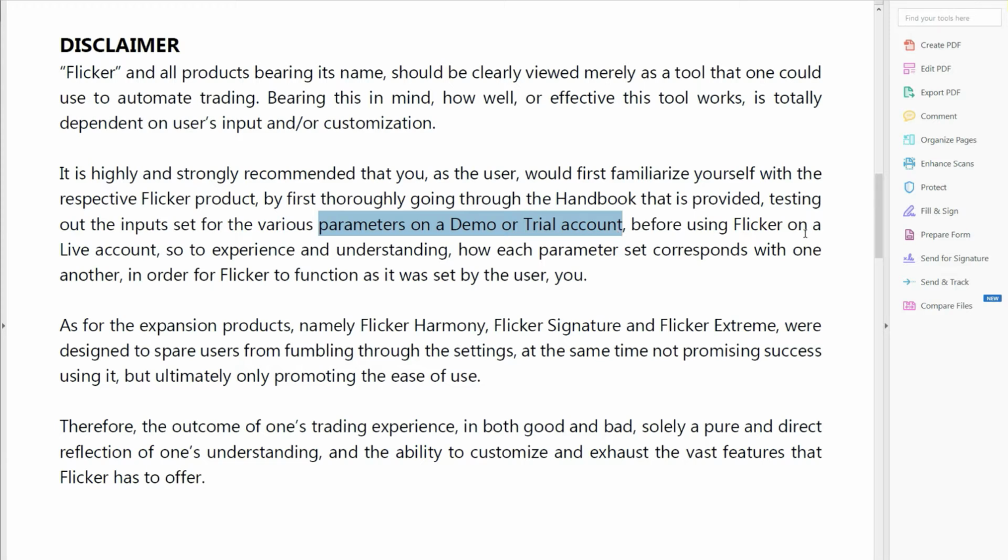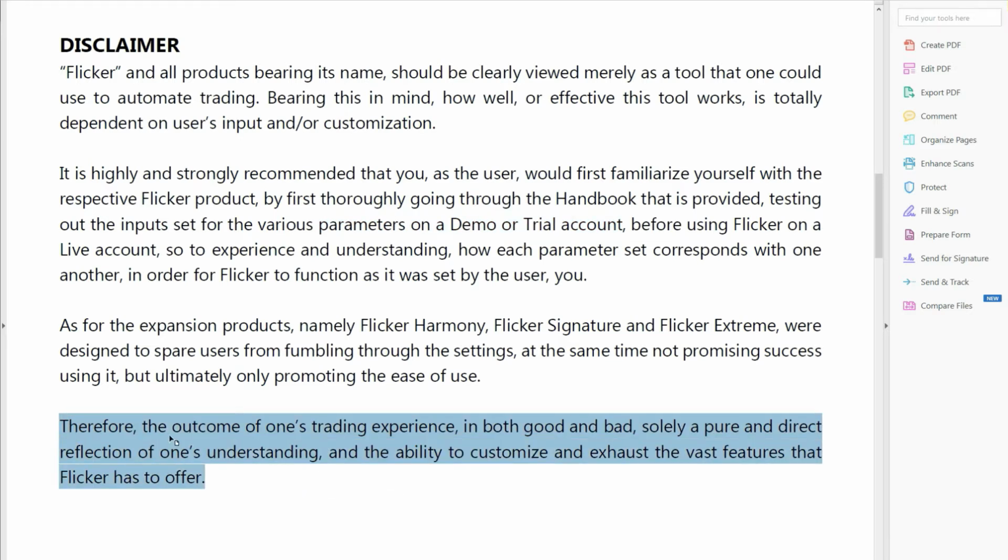So before using Flickr on a live account, experience and understand how each parameter set corresponds with one another in order for Flickr to function as it was set by you, the user, as with expansion products. Ending with this, the outcome of one's trading experience, both good and bad, is solely a pure and direct reflection of one's understanding and ability to customize and exhaust the vast features that Flickr has to offer.